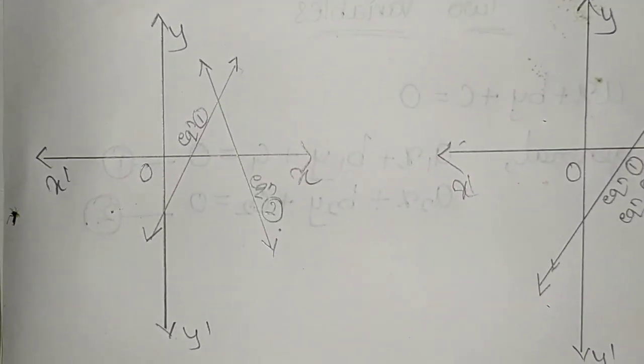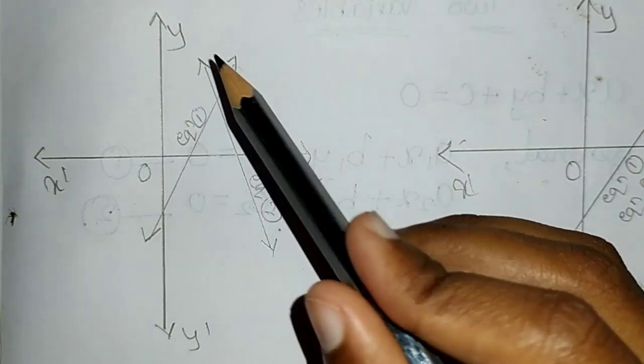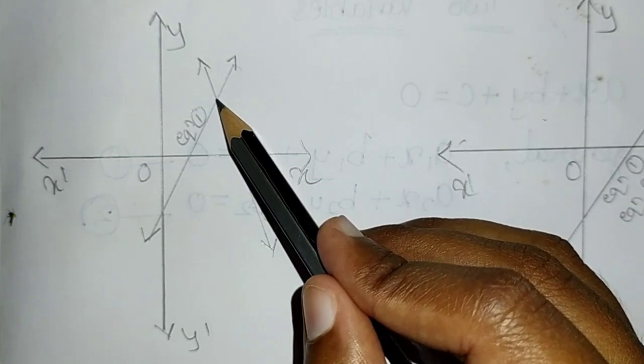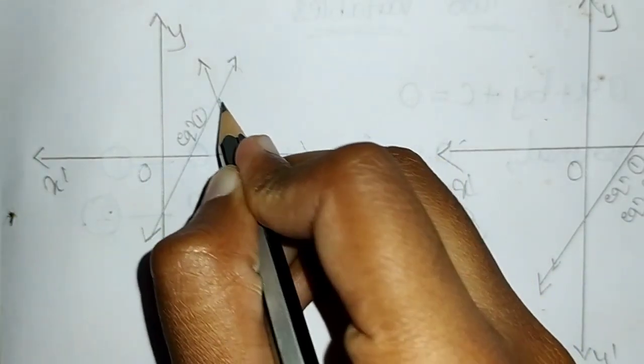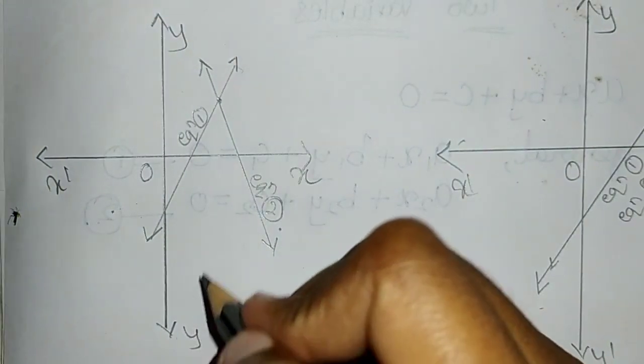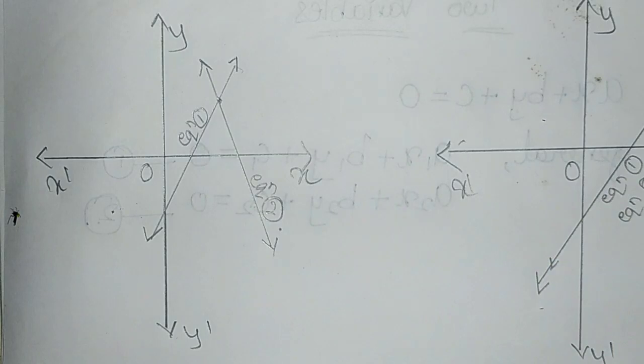So just now in the graph we saw that when two lines of two different equations intersect at a particular point, that point becomes the solution of both equations 1 and 2. But it does not happen every time.